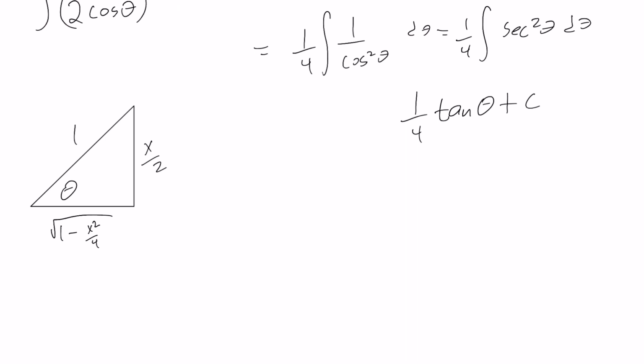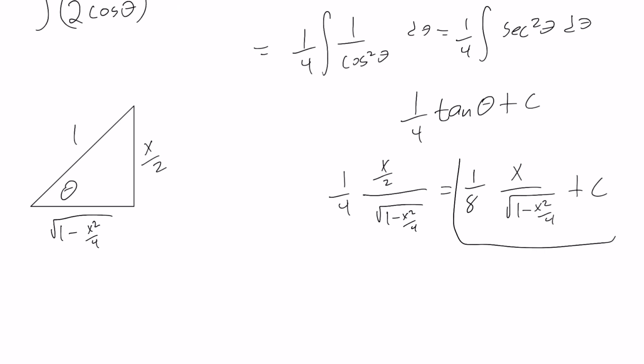So tangent theta is opposite over adjacent. So this works out to be 1/4 times x over 2 divided by the square root of 1 minus x squared over 4, which I suppose simplifies to 1/8 times x over the square root of 1 minus x squared over 4 plus c.